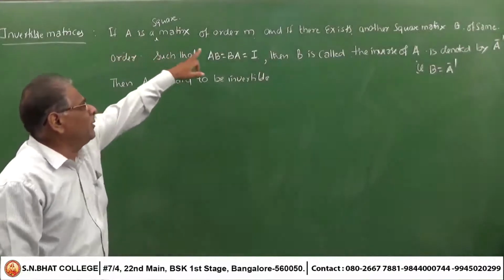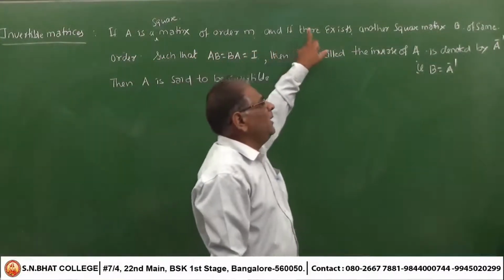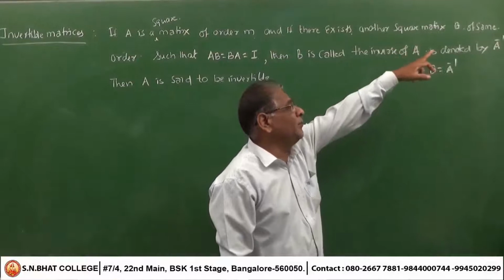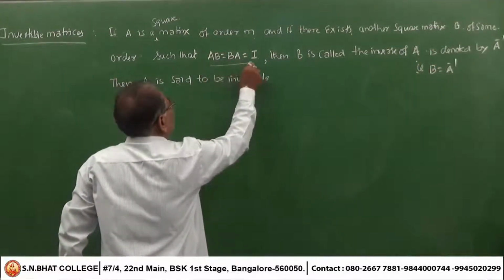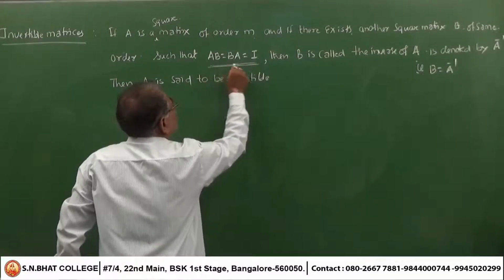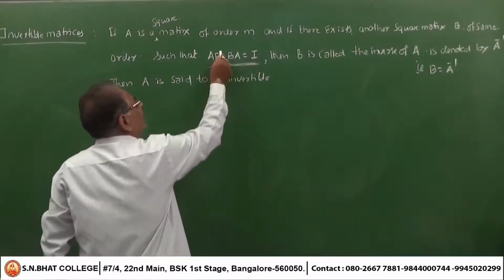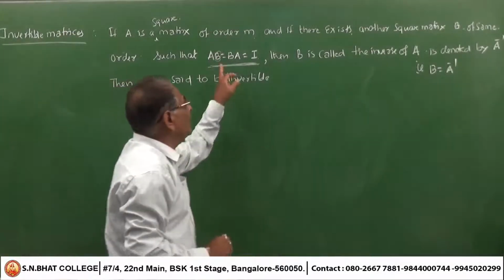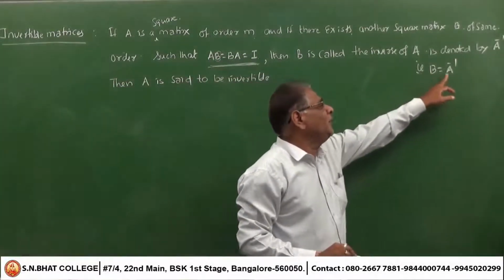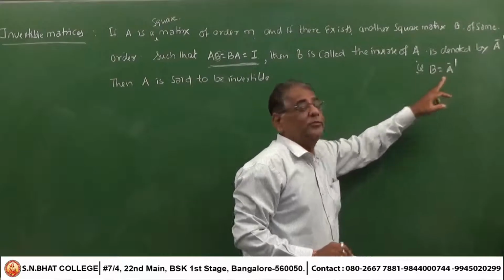Definition of an invertible matrix: if A is a square matrix of order M, and there exists another square matrix B of the same order such that this condition is satisfied, then B is called the inverse of A, denoted by B is equal to A inverse.